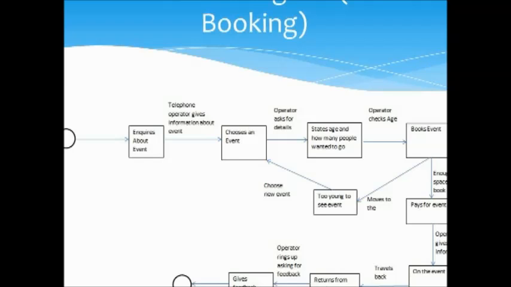The operator then checks age against it, and the customer then books the event. If for any chance they're too young to go to the event, they'll have to choose a new event. Otherwise, they would pay for the event. The operator gives them travel information on the event. They'll go to the event, travel back, return from the event, and they'll give feedback on the event.